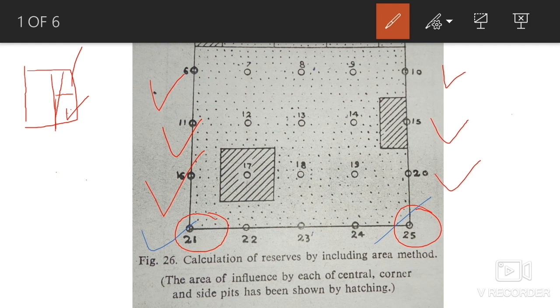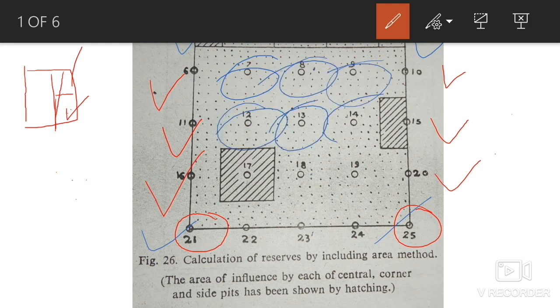And the central point, the corner pit, is not showing in the diagram, so those on the corner pits will also be shown. So these are the 4, and the central squares are also showing 9 pits. Okay, 9 squares, as I am marking, so these are 9 in number.